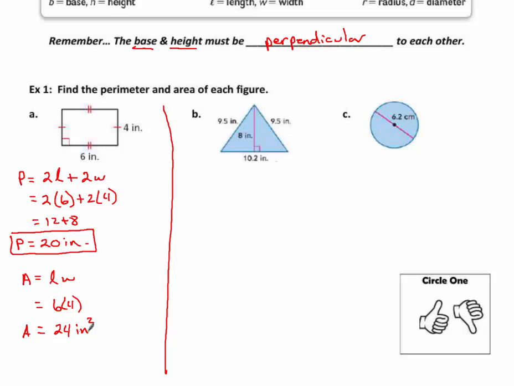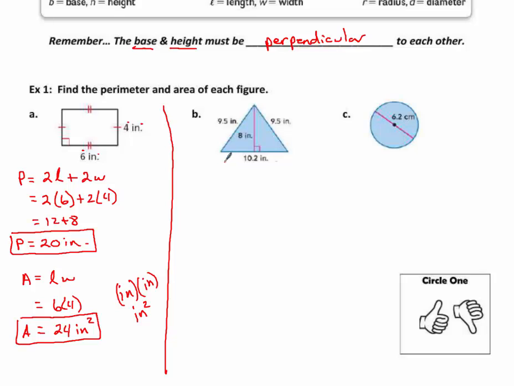And the way we say this is 24 square inches, but the reason that it's squared is because we did 6 times 4 to get 24, and we did inches times inches, and that would make inches squared. So don't overthink it too much. Just remember, if you're doing perimeter, it's inches. If you're doing area, it's inches squared.